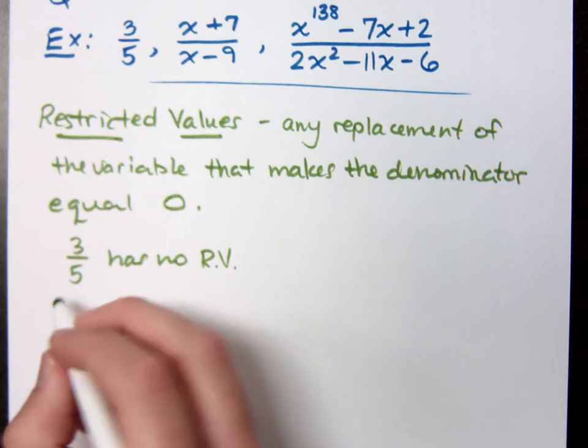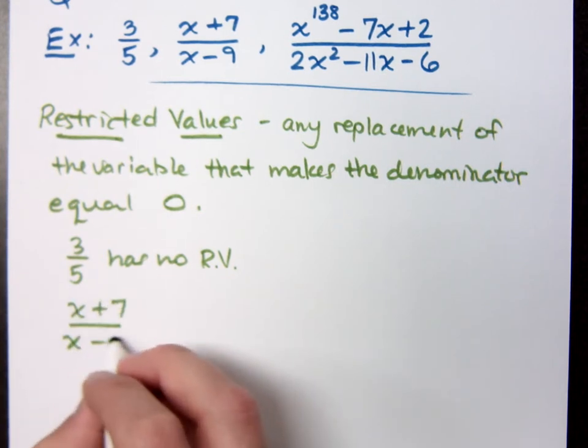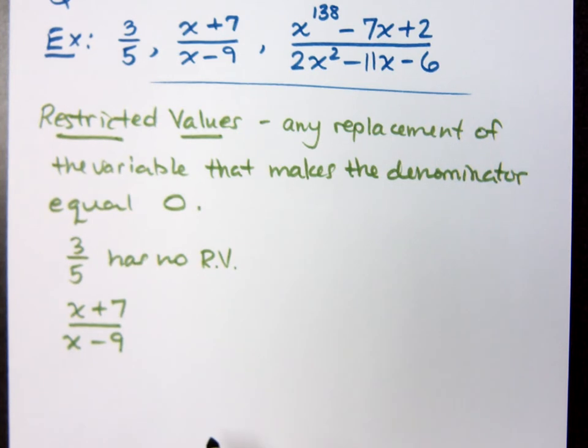If I look at the next one, x plus 7 over x minus 9, the question here is, what will make the denominator equal 0? Whatever makes the denominator equal 0 is a restricted value. That's what we have to watch out for.